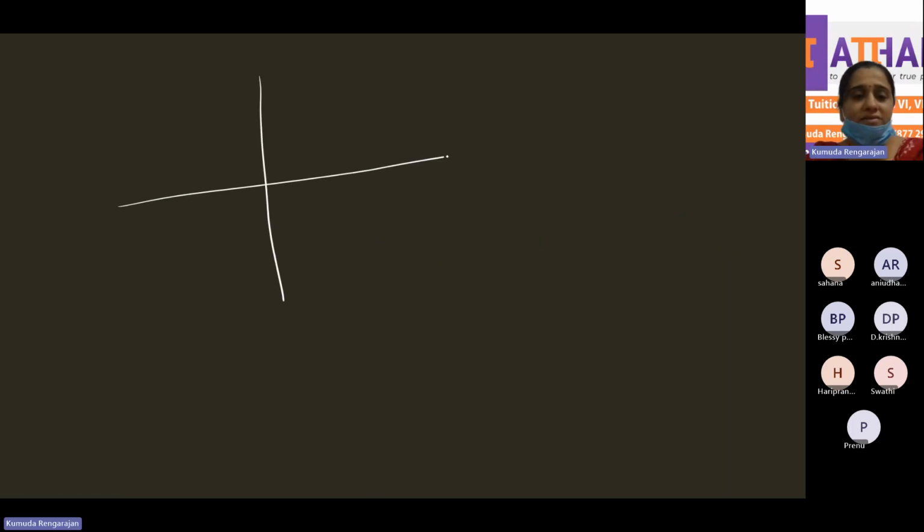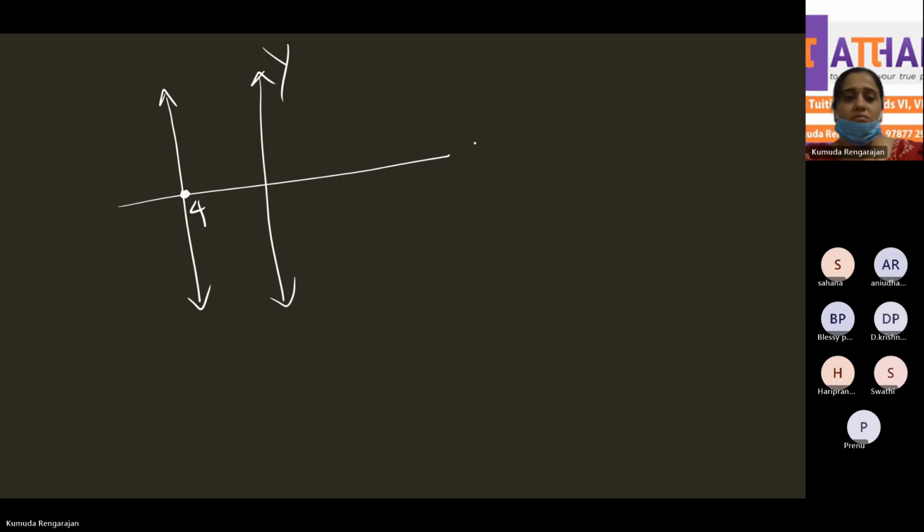Y-axis, x-axis. Suppose the line is here, like this. And say this is 4. What will be the equation? Mark some points, children. What will be the address of this point? 4, 0.